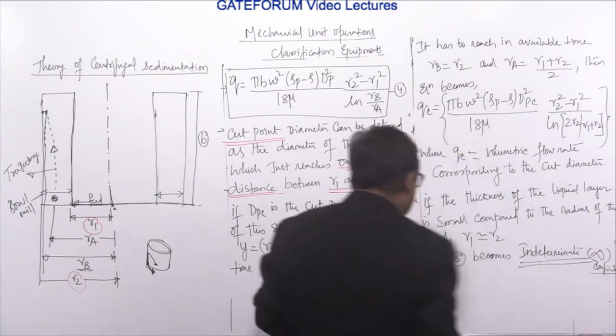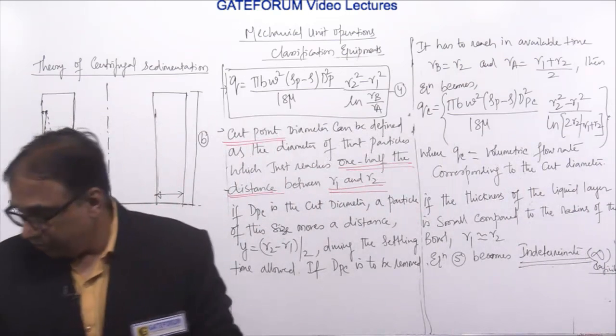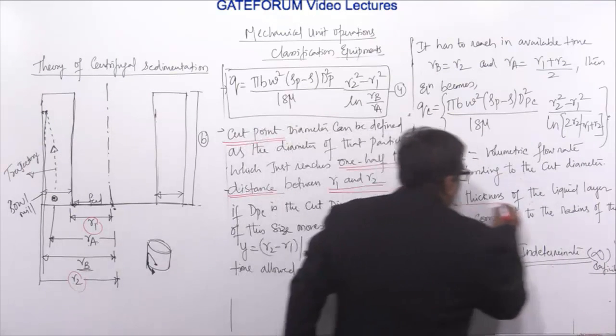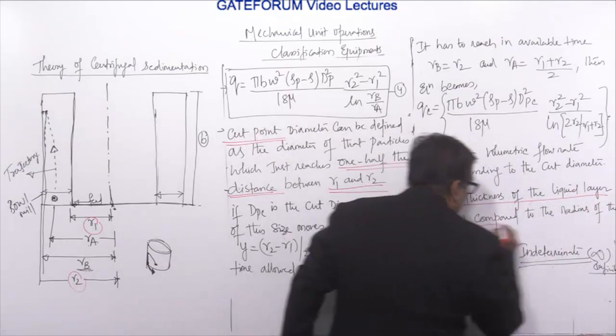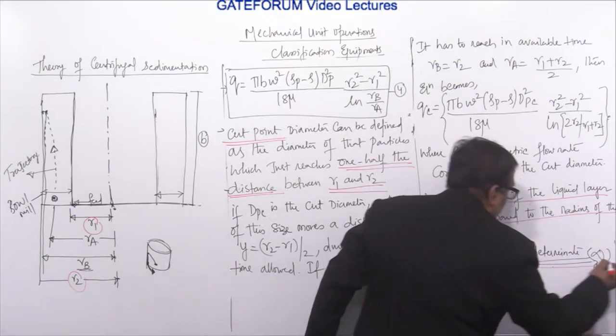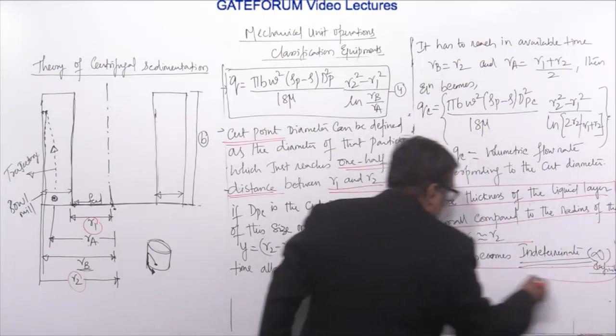Because if there is no thickness, what will happen? So it's very, very important. These questions only the GATE person will be asking you, because we have to analyze as an engineer. This is very important in this derivation.